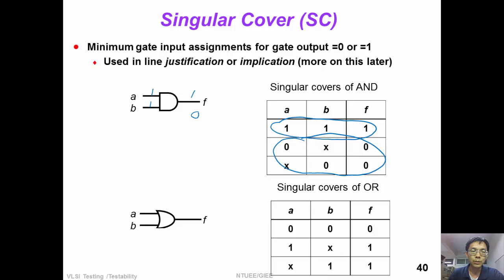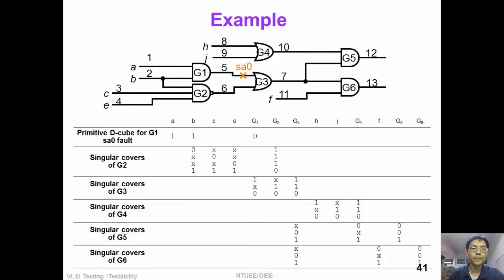The same thing happens to an OR gate. For the output to be 0, we need both A and B to be 0. For the output to be 1, we could have 1x or x1. So for this circuit, we show different cubes.